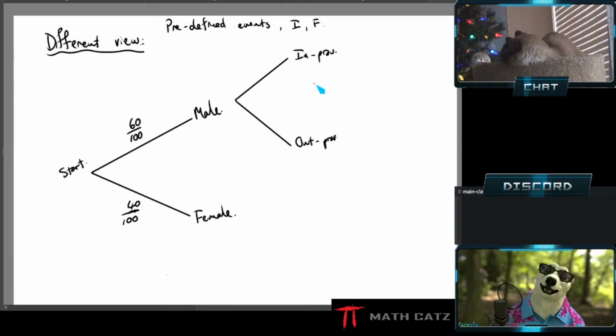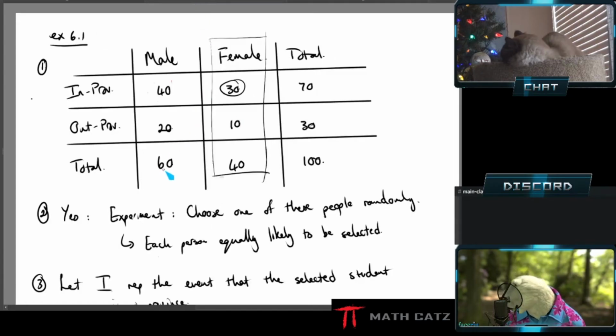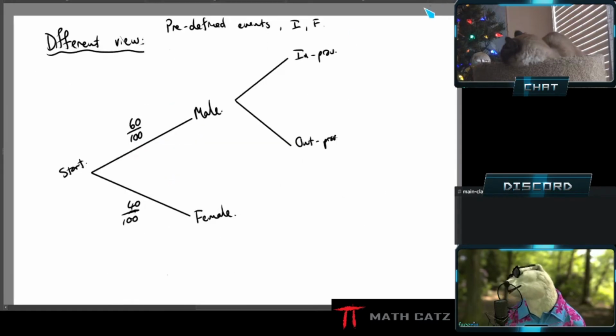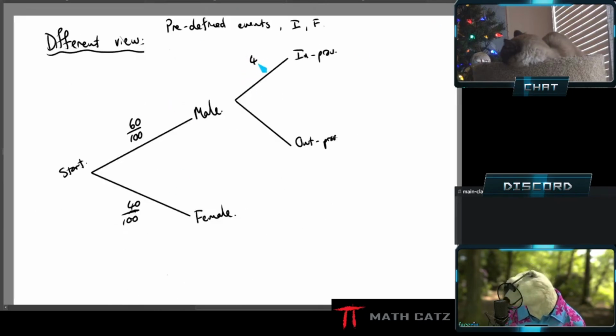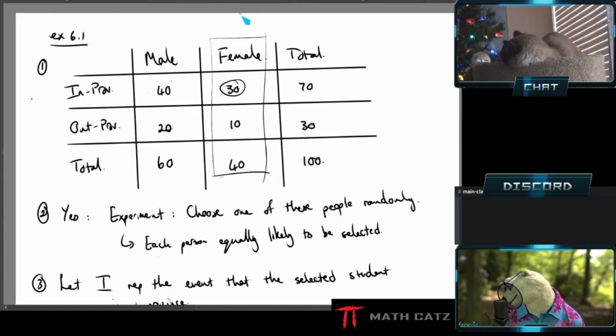And now I ask them the next question. So out of the males, there are 60 males, 40 are in province, 20 are out of province. So the chance of them answering in province is 40 out of 60. And out of province, 20 out of 60. Because I've taken the male step and now I'm asking them their next question.